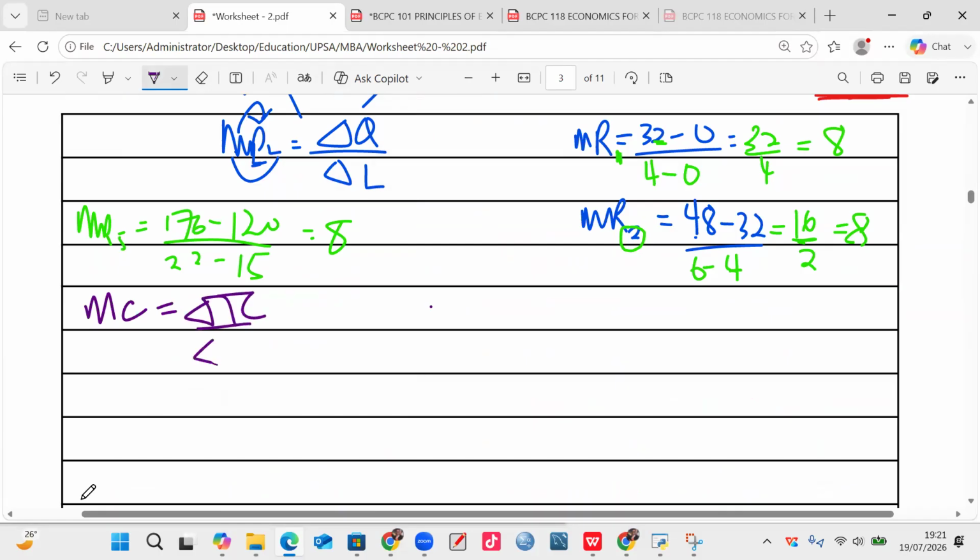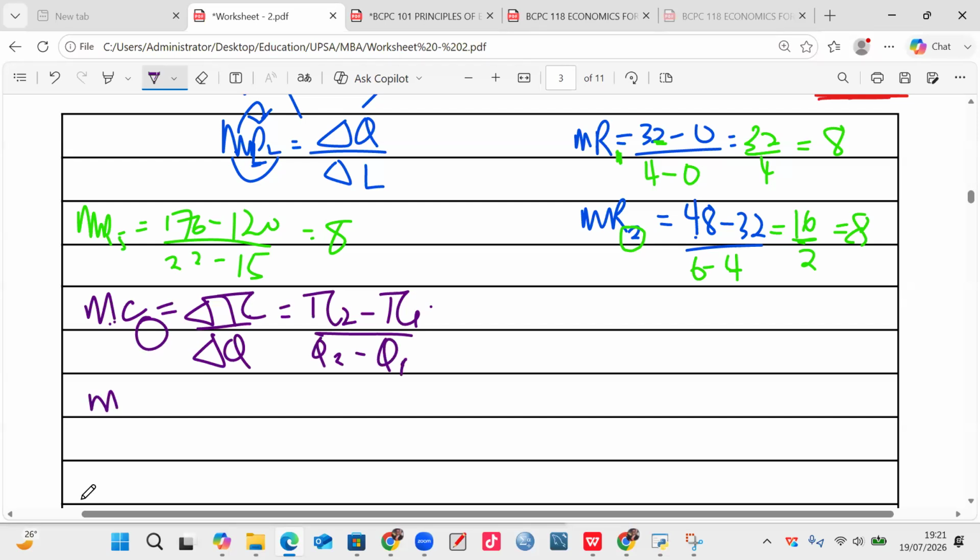Good. Marginal means changing. So it means TC2 minus TC1, all over Q2 minus Q1.